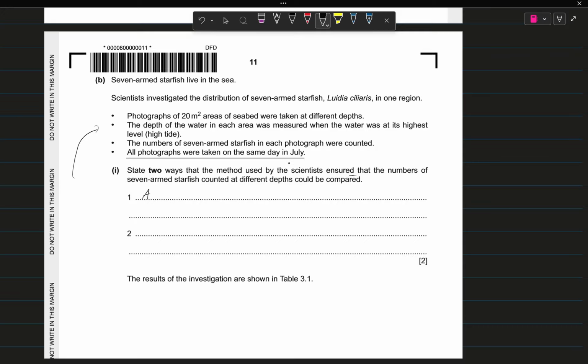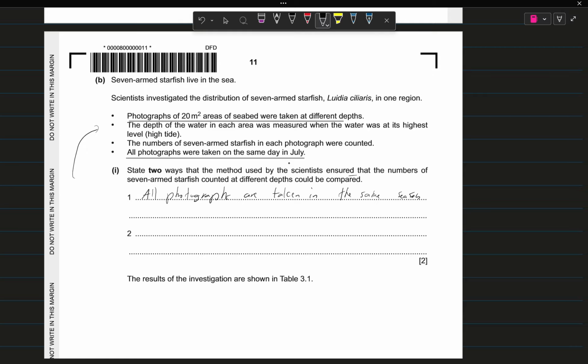So all photographs are taken in the same season. And also you can see that there is a standardized area for the photographs. Photographs of 20 meters squared areas of seabed were taken at different depths.